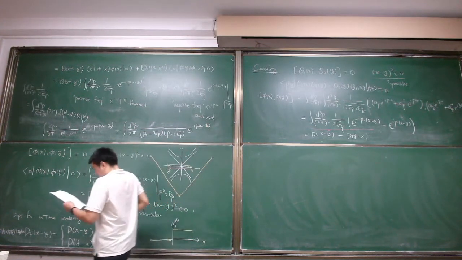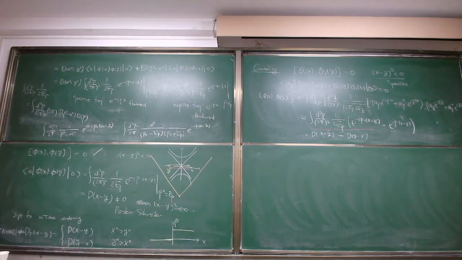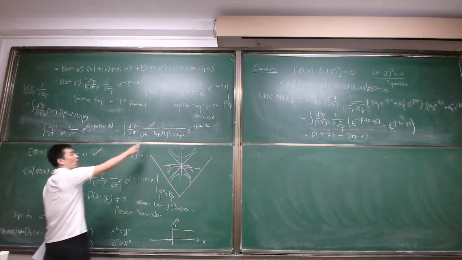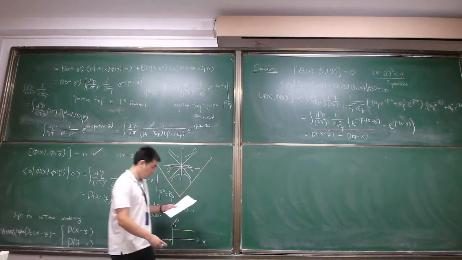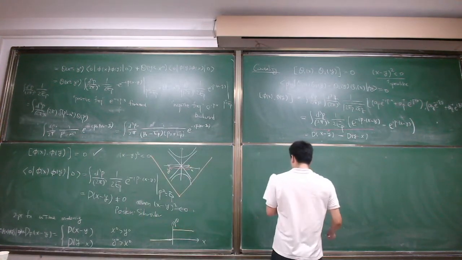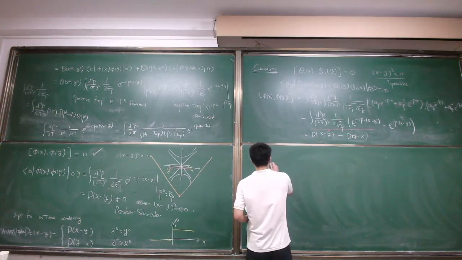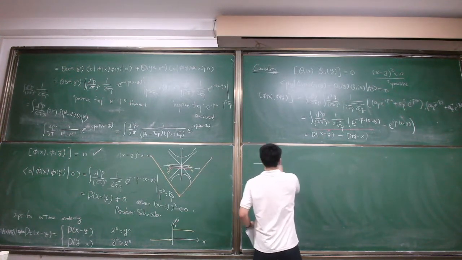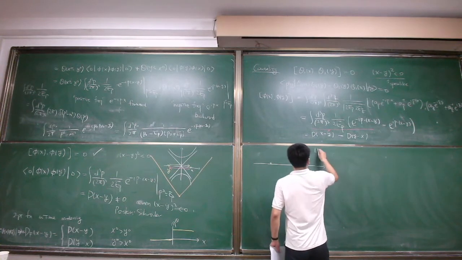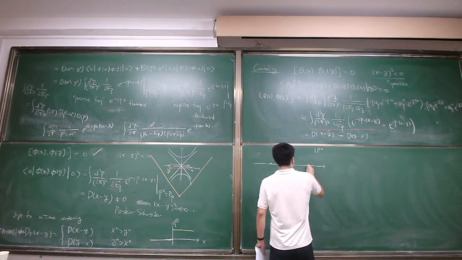Since there are poles, we need to be careful with the contour integral. Then I will pick the following pole. There are two poles in the p0 prime, at plus and minus omega_p.